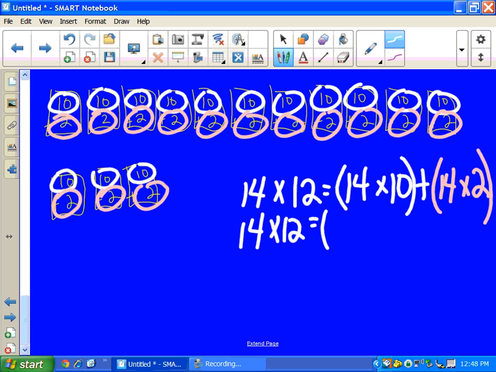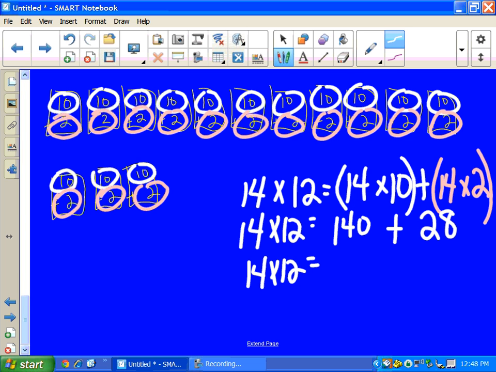Multiples of 10 are easy to multiply by, which is 140. Plus 14 times 2, that's simple enough, 28. So 14 times 12 is equal to 168 bagels. Same amount, we're just breaking a factor up to make it easier to count.